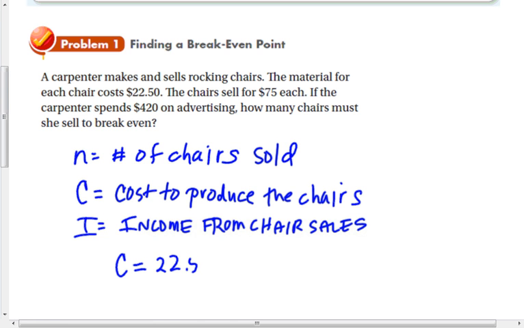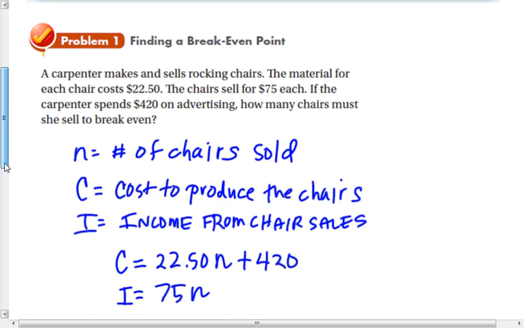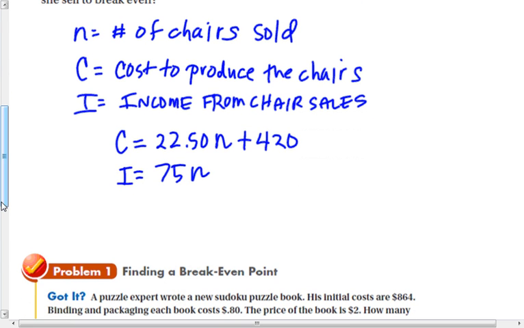That's just the materials. So we're going to multiply $22.50 times the number of chairs we sell. And there's also some advertising costs that are added to that. And then the income from sales is they get $75 per chair, so it's just 75 times the number of chairs. Now, to break even, that means that the cost is equal to the income.